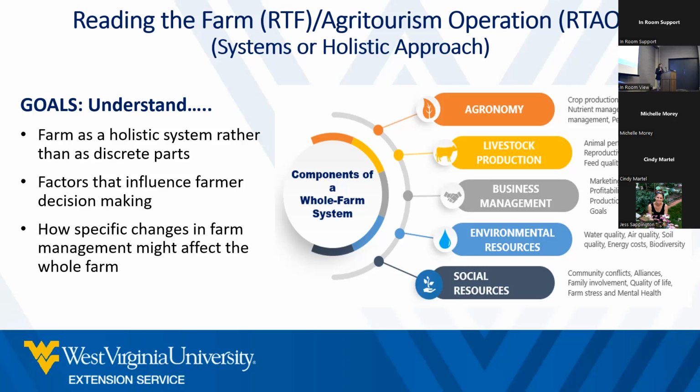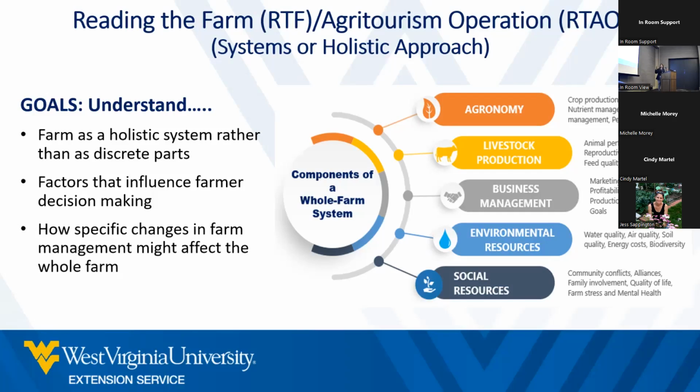business planning from a holistic or systems approach. So this is a slightly different approach. It builds on sustainability, but it really looks at the farm and the agritourism operation as a system that's not comprised of distinct parts like people, profit, planet, but it's a system that is made up of interrelated parts, right?